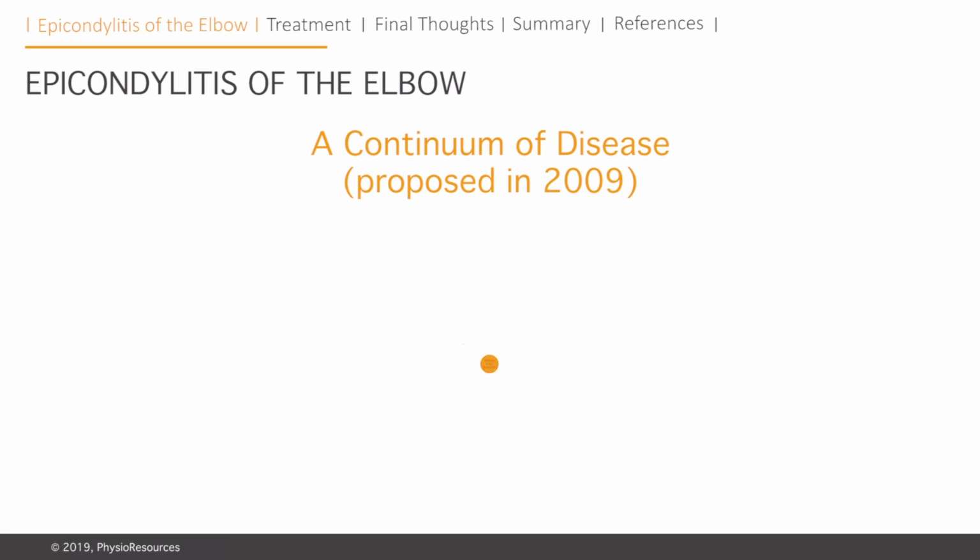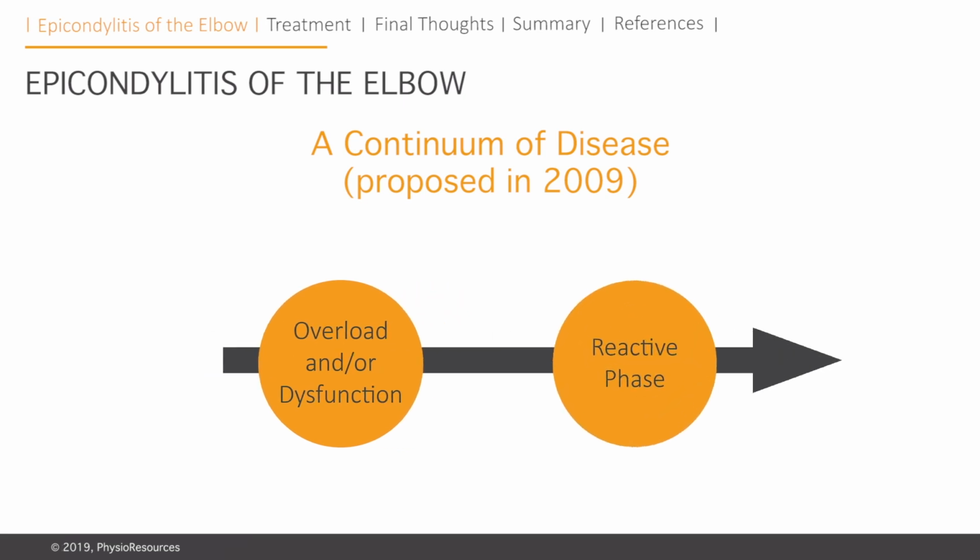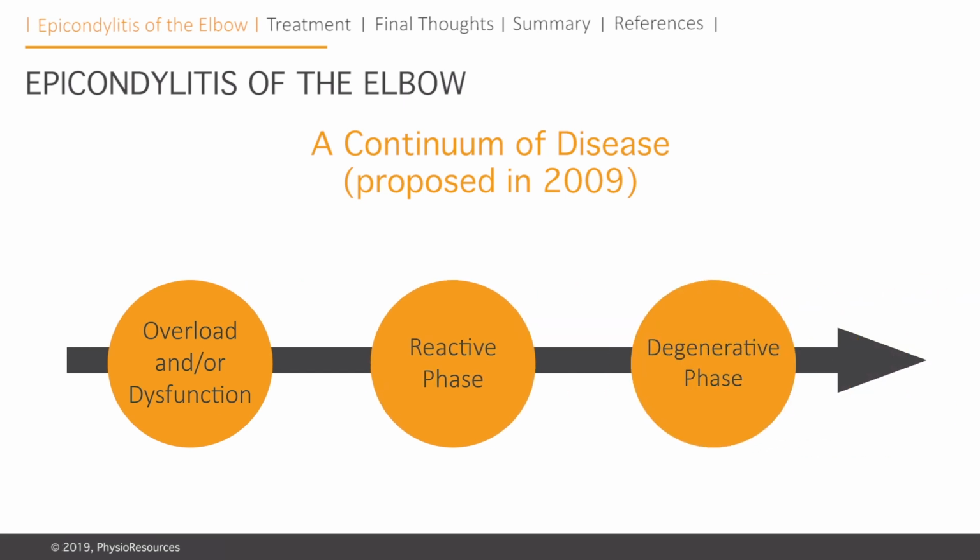And the same overload and or dysfunction that we discussed in the old model, in this model, causes parts of the tendons to go into what is called a reactive phase. And over time, the cellular changes that we're seeing with this reactive phase have the potential to evolve into what we call a degenerative phase.